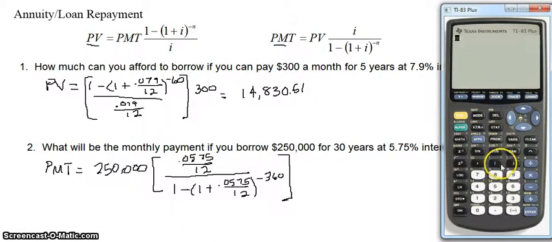Now we're going to go to the calculator and plug in. Different people have different preferences for how they like to do this. I probably would do the bottom part the same as what we did up above, just because it's the longer part. So 1 minus 1 plus 0.0575 over 12, raised to the negative 360.